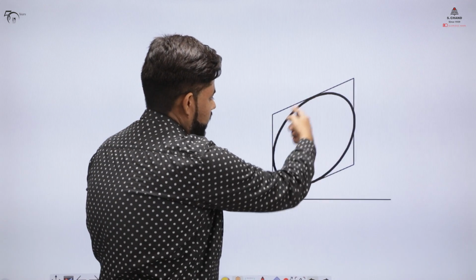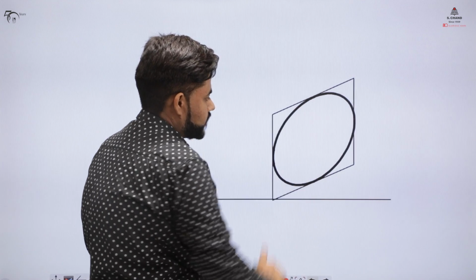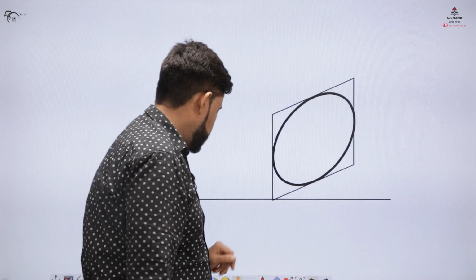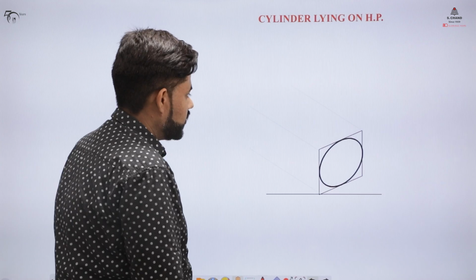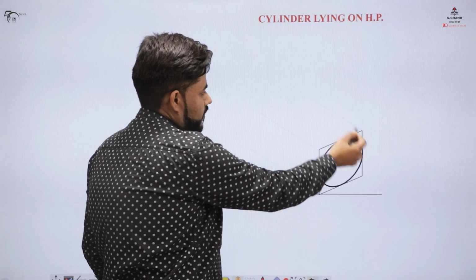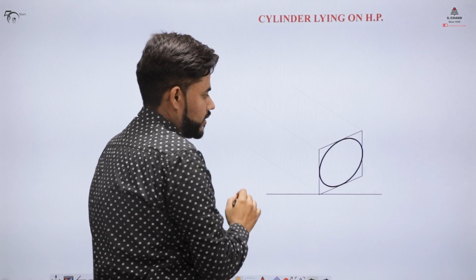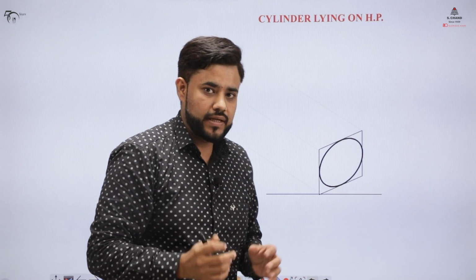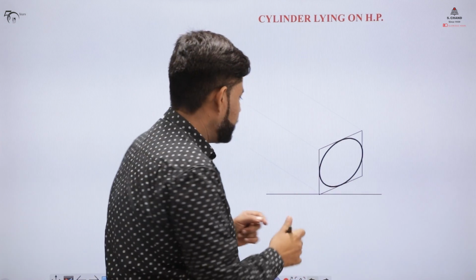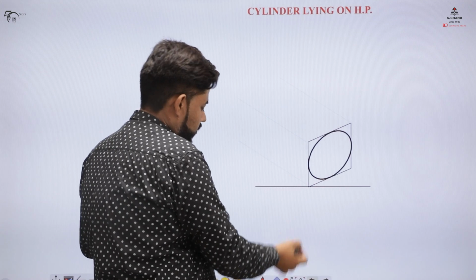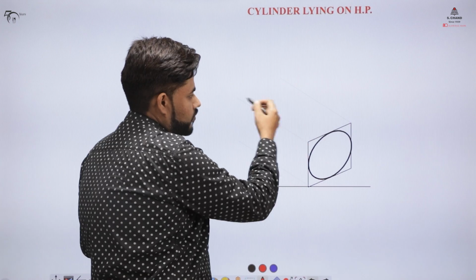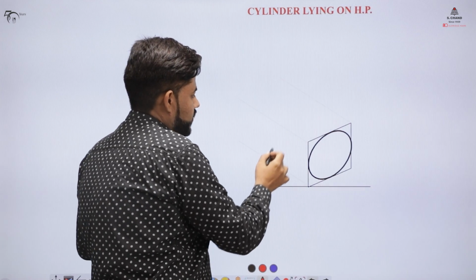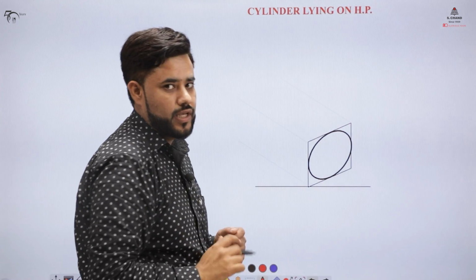Once this circle is incorporated into that ISO box or this symmetrical box, you need to increase the length of all these in this direction. If the question says that the height of the cylinder is 70 mm, you need to project all the points in the perpendicular manner in this direction, so that this height is, let's say, 70 mm.